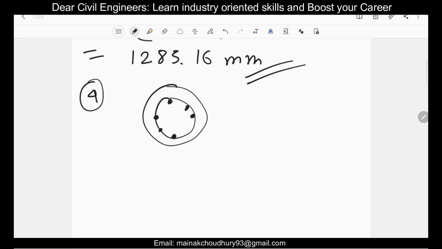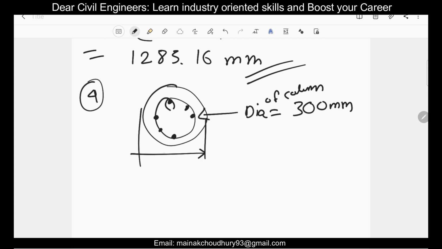Suppose you have one rebar here like this. So how to calculate this length? And we have this dia of column is 300 mm.